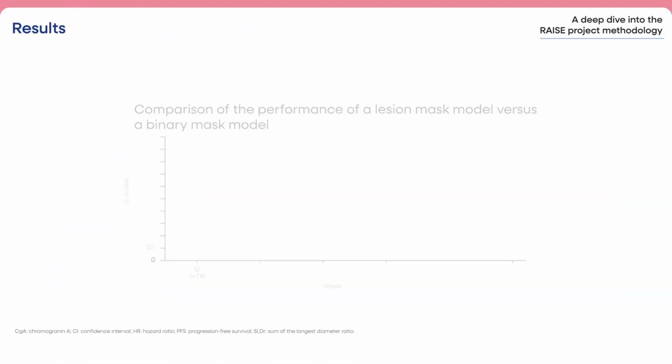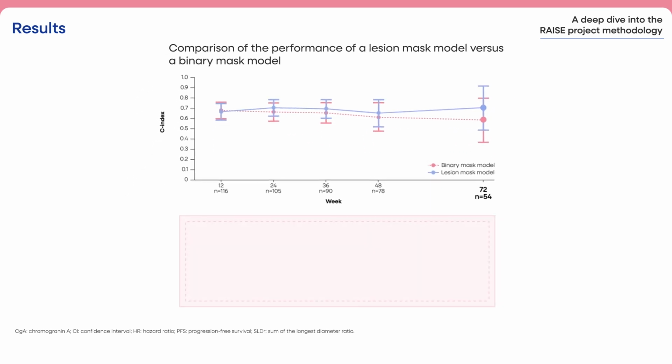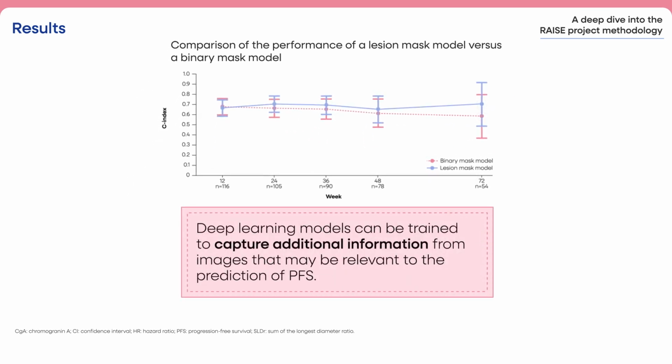For the deep learning analysis, the lesion mask model demonstrated improved performance compared to the binary mask model at week 72. This finding shows that deep learning models can be trained to capture additional information from images that may be relevant to the prediction of progression-free survival.